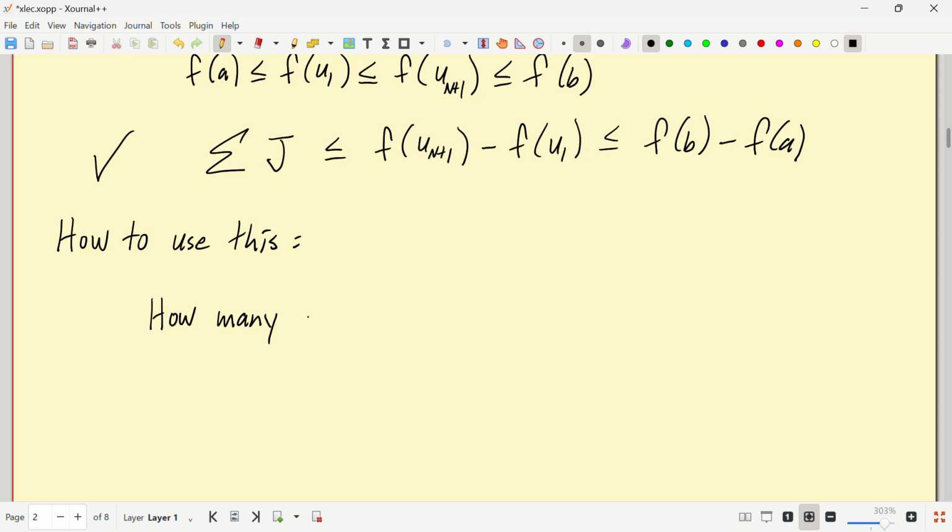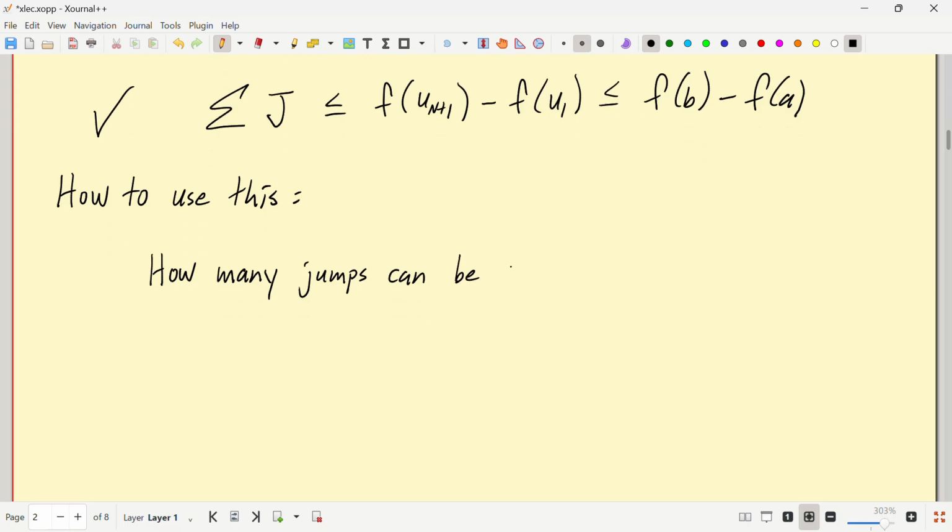How many jumps can be greater than 1, let's say? Or how about greater than 1 over n, where n is a positive integer?